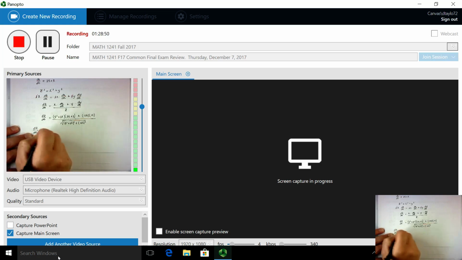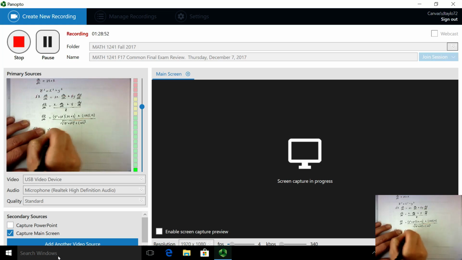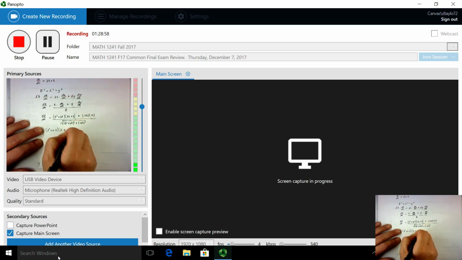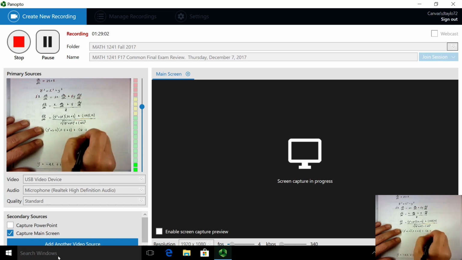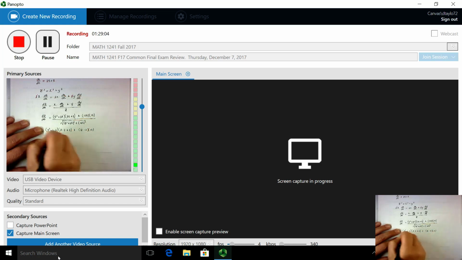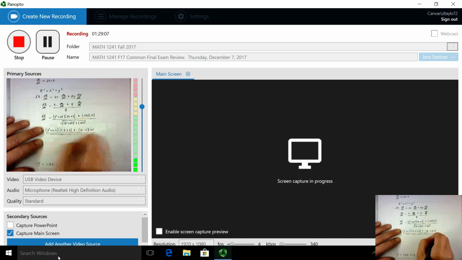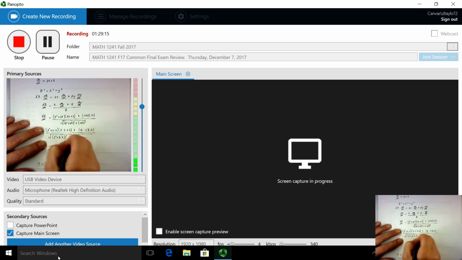dz/dt is equal to 2 squared plus 3 times 2, times 2 times 2 plus 3, plus 12 times 2 times 12, divided by the square root of 2 squared plus 3 times 2, quantity squared, plus 12 times 2, quantity squared.